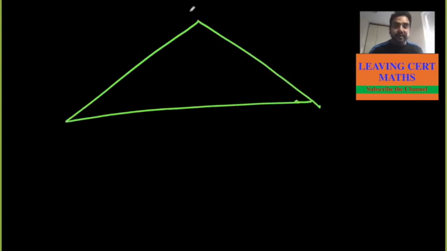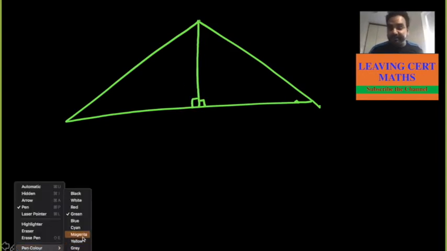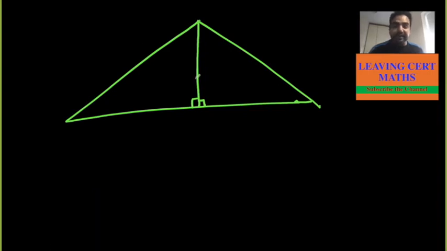Okay, now another type of problem you will get is, let's say you have two triangles. If I'm drawing a perpendicular here, if this is 90 degrees here, this will be 90 degrees on this side also. So how many triangles do you have here with 90 degrees? Two. This triangle and this triangle.